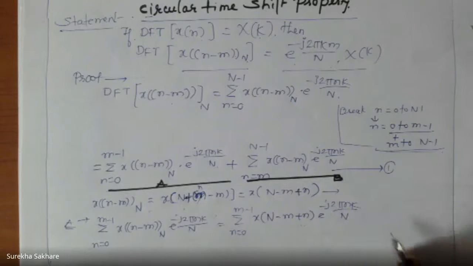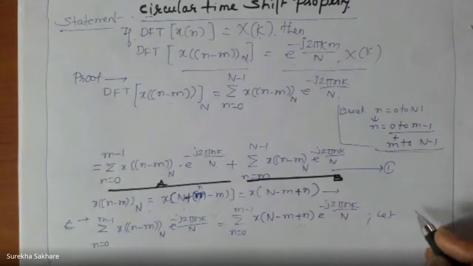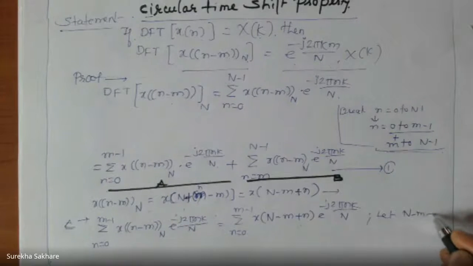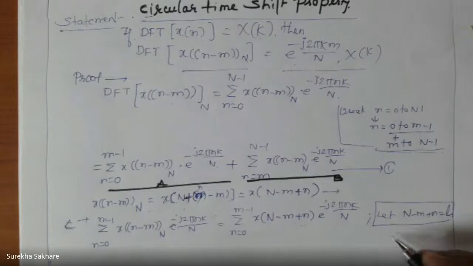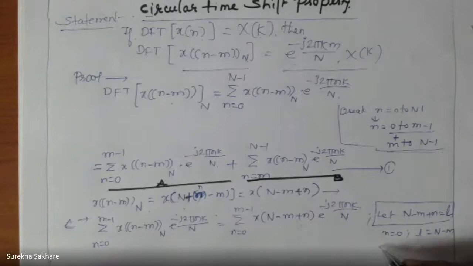Let n minus m plus N is equal to L. Okay, this is our reduction form. So when n is equal to 0, L will be N minus m. When n is equal to m minus 1, what will happen? m minus m plus N minus 1.